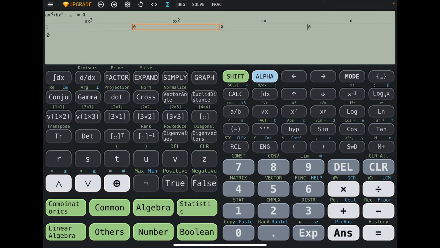And then just take the coefficients: 1, negative 5, positive 3, and positive 9. You can see there that the first root is negative 1.